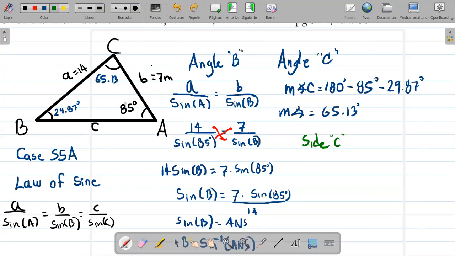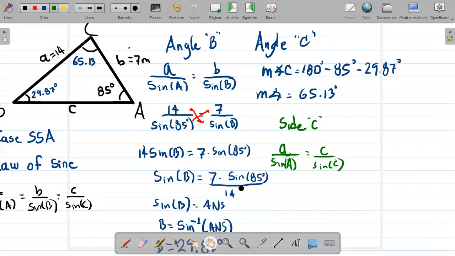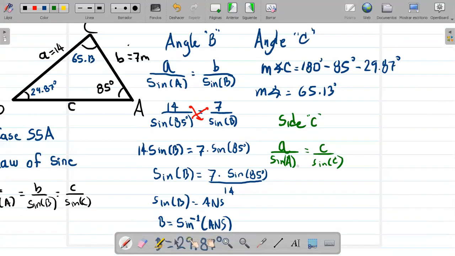So that's why we're going to use the information the problem gave us at the beginning, which are the angle and the side respectively. So we're going to work with angle A and side A. So A over sine of A equals, now we're going to concentrate on C over sine of C. We're going to change that information.